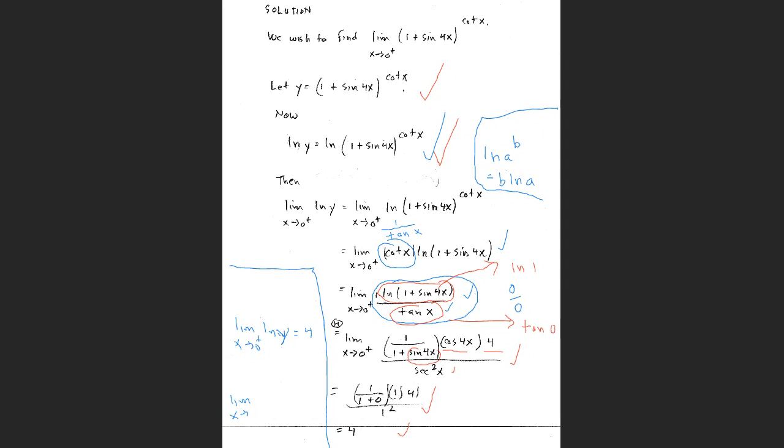Let me rephrase it again here. So after this, now I know the limit as x approaches 0 from the right of the log of y equals 4.